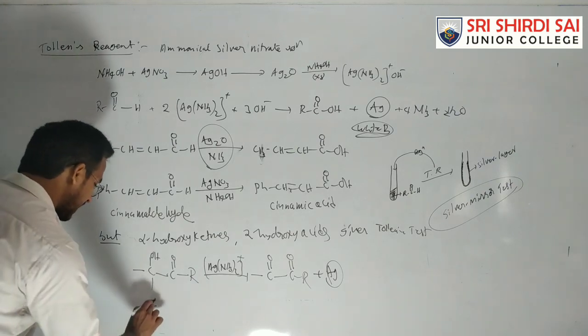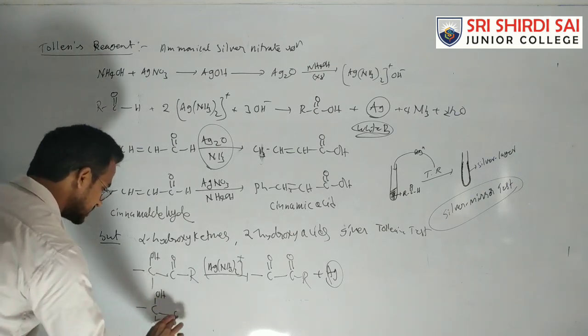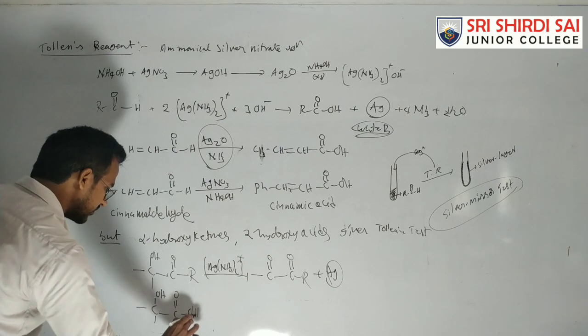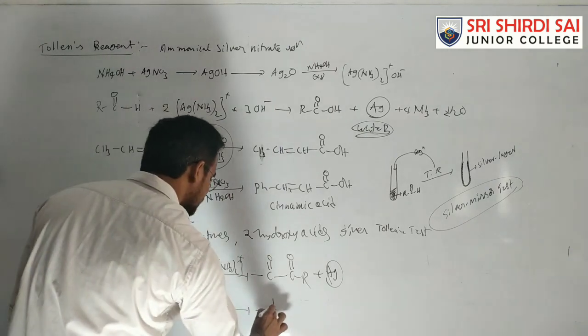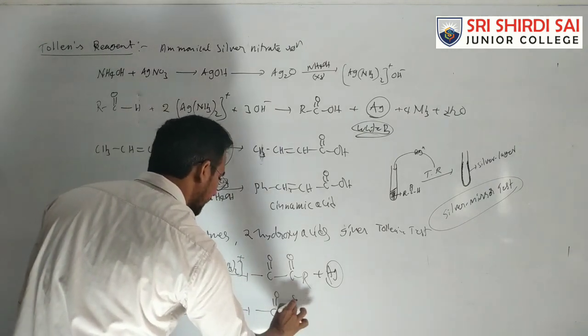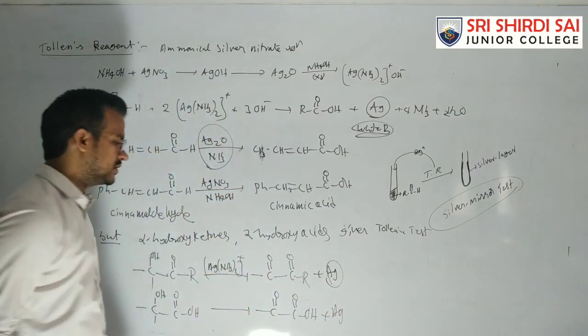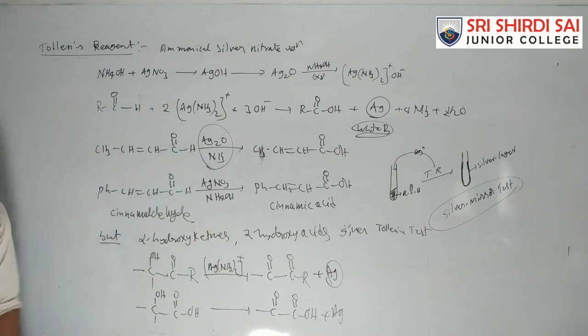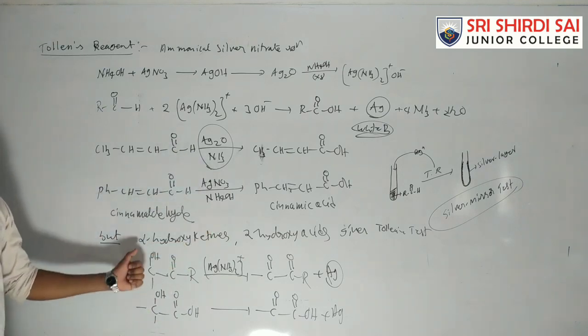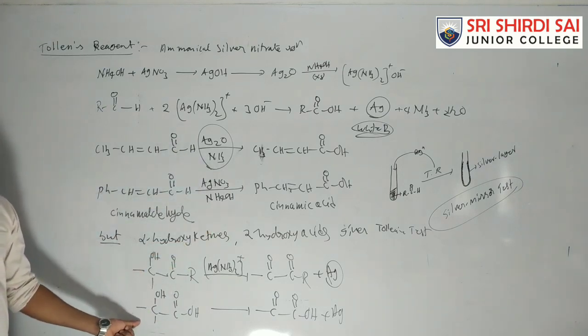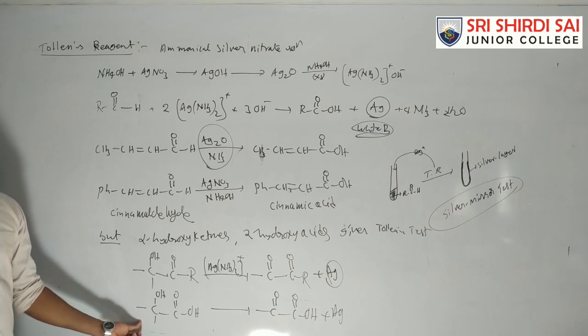Alpha hydroxy acids are also converted to keto acids plus Ag, with formation of the silver layer. So alpha hydroxy ketones and alpha hydroxy acids give the silver mirror test or Tollens test.